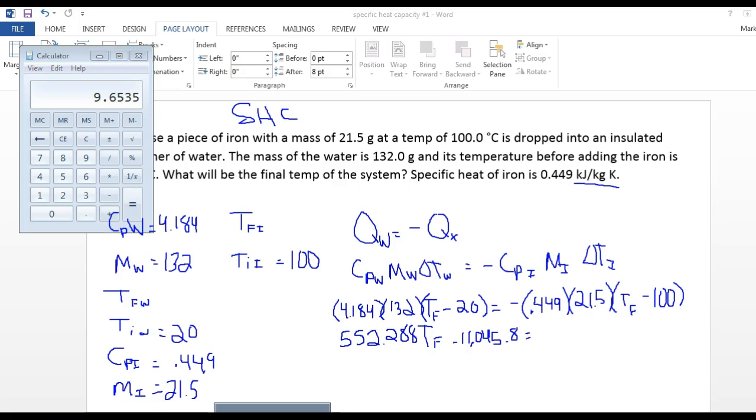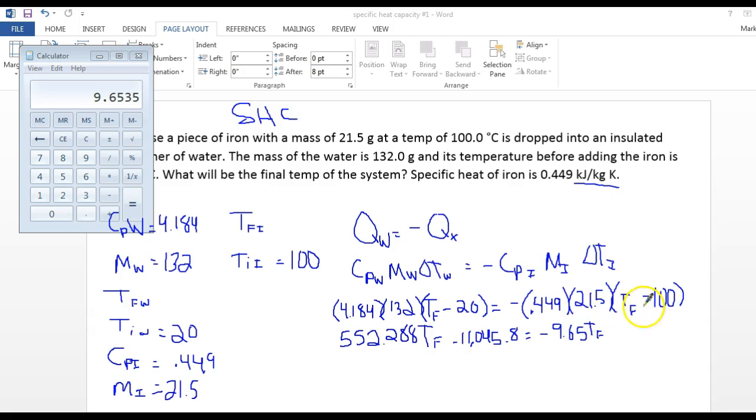So that equals negative 9.65 times T of F. And then we multiply that by 100, so it's going to give us 965.